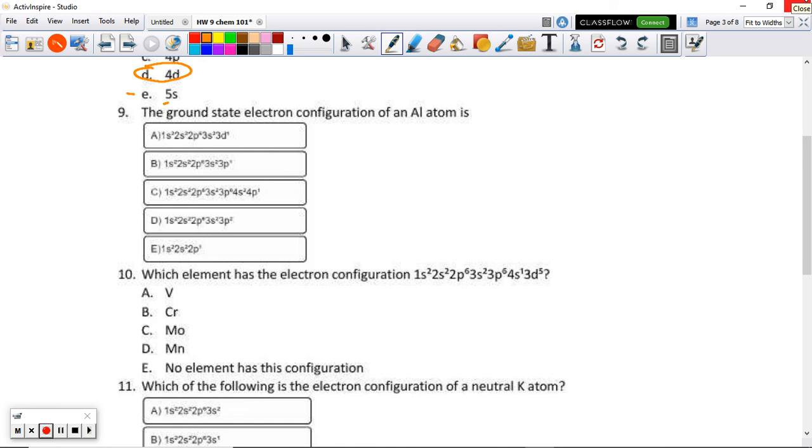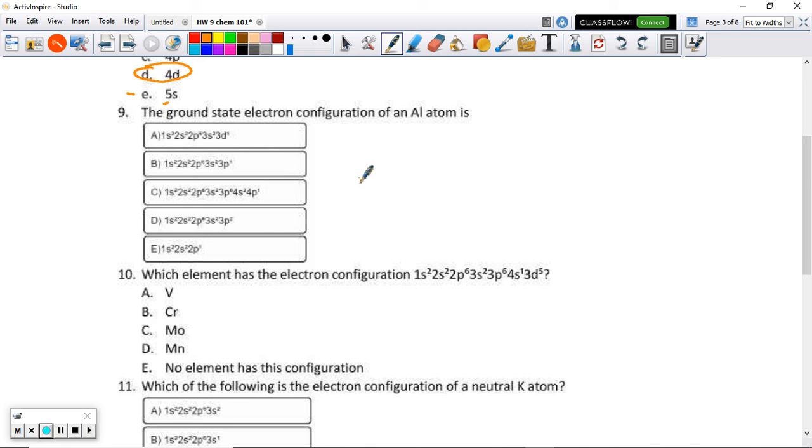All right, continuing on, we are looking at question 9 now. It says the ground state electron configuration for aluminum is as follows. So aluminum is on the third period. It is in the first column of the p block.